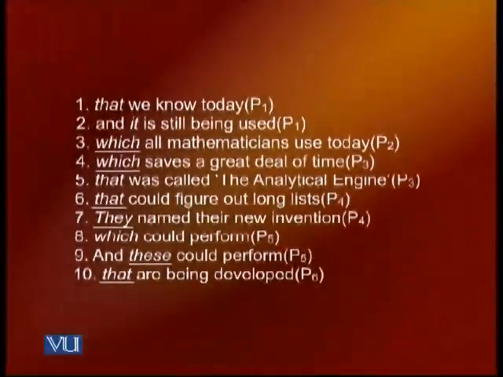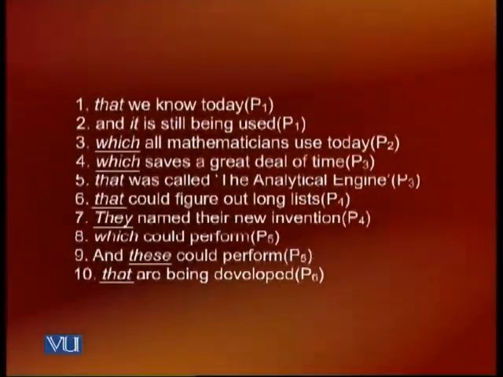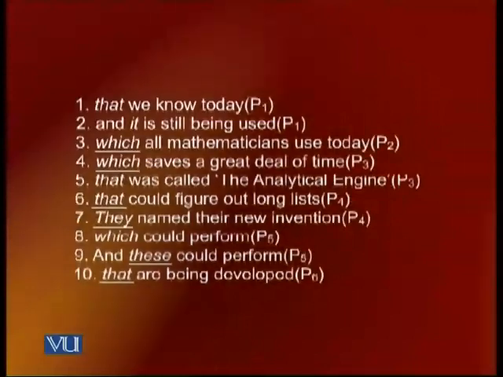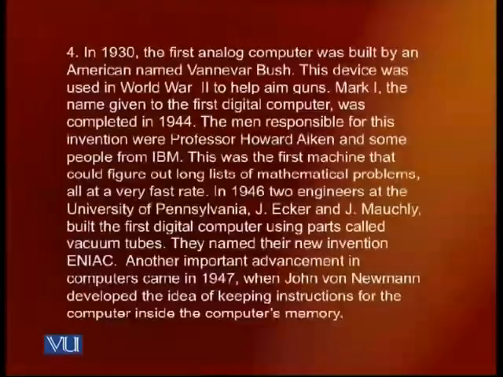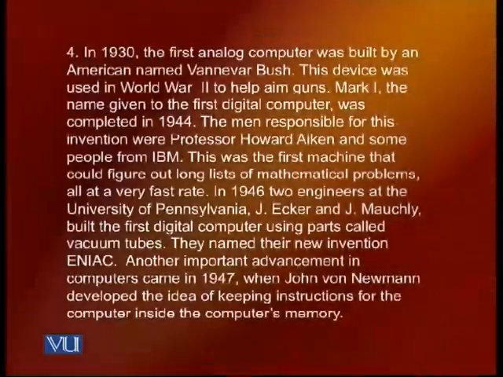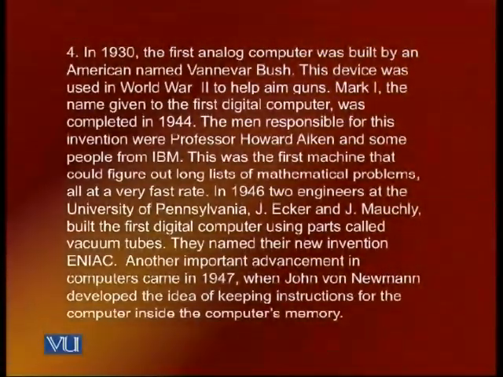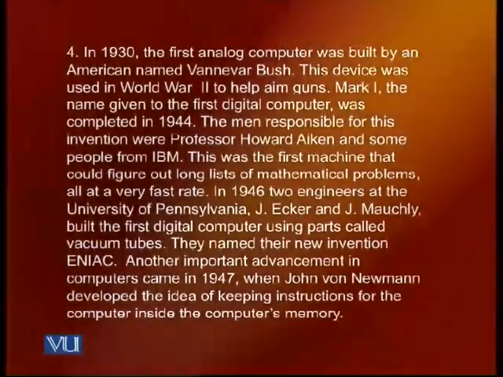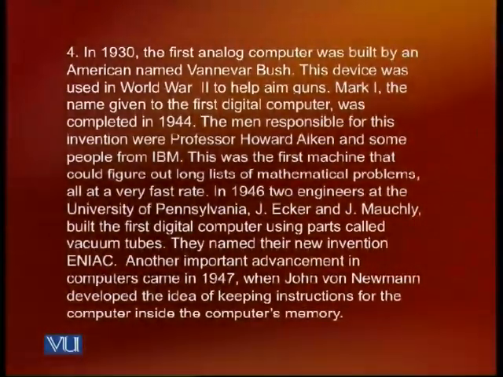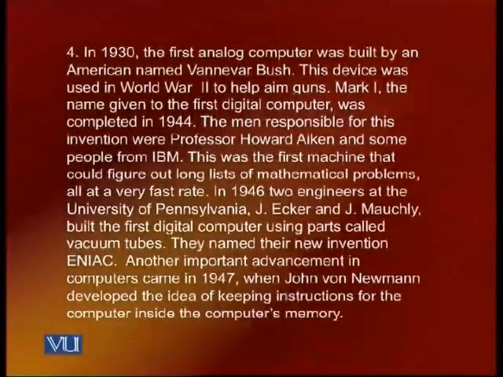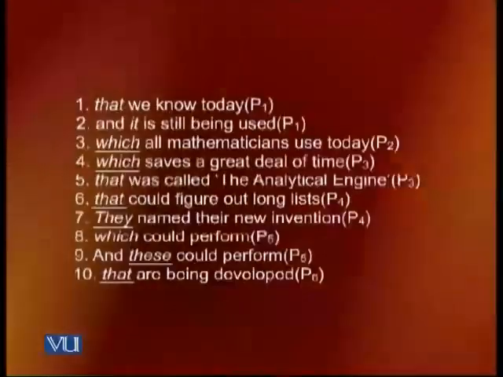Number seven, they named their new invention. The word they has been underlined to refer to the two engineers whose names have been given to you. That is, the engineers named their new invention.